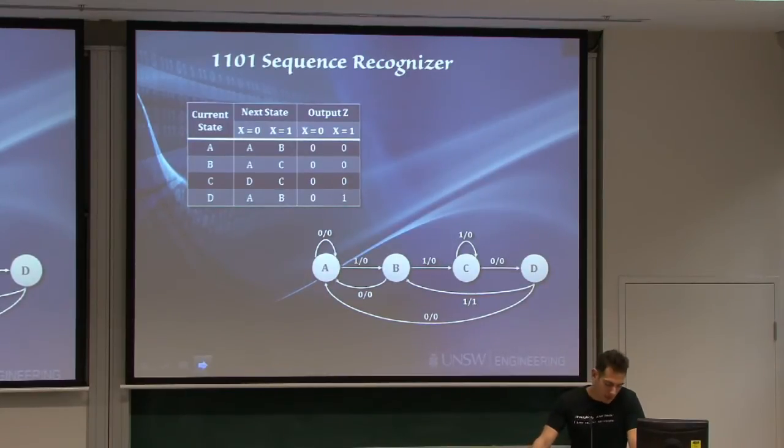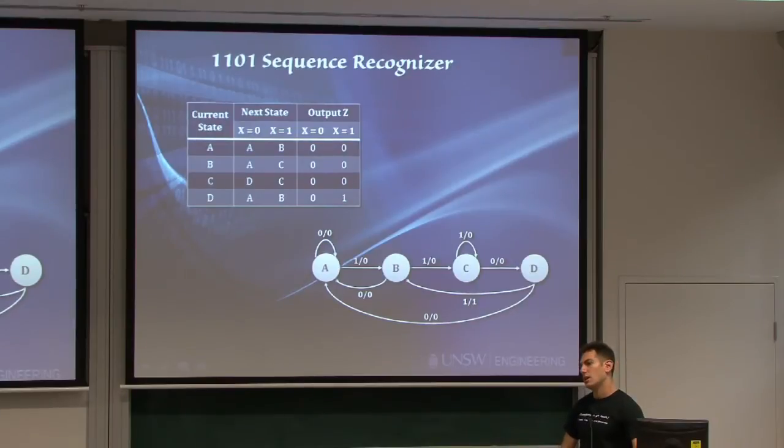I said, can we come up with a 1101 sequence recognizer with one serial input, and every time we detect the 1101 pattern, the Z output will go to 1, and then we'll keep trying to detect the sequence. We've done a few stages, and we came up with this state diagram, and from this state diagram we used the state table there.